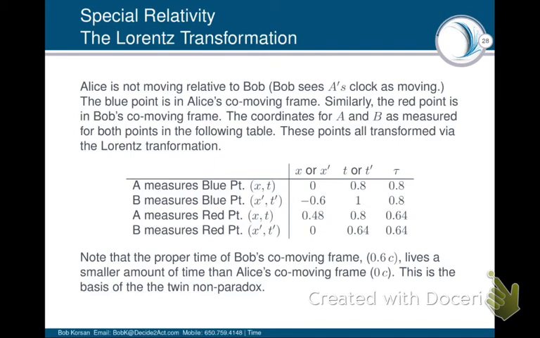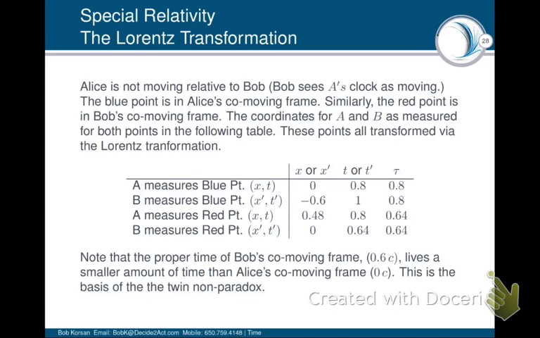This is time dilation. So Alice measures the blue point at t equals 0.8, but Bob measures the blue point at 1. However, he thinks that Alice's position is minus 0.6. When you compute the proper time, Bob gets the same proper time as Alice, 0.8.